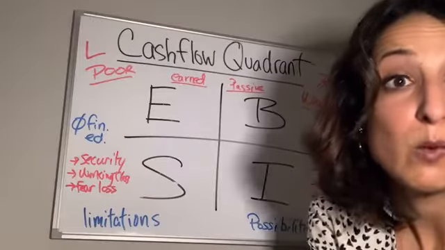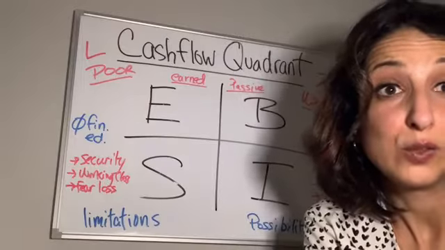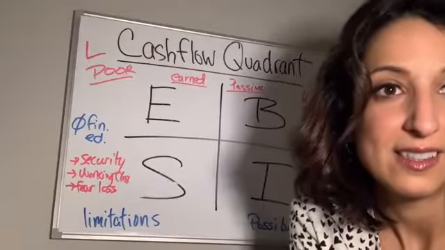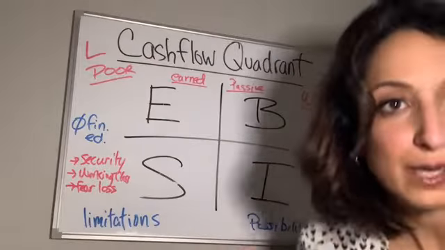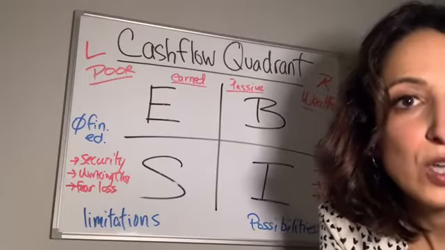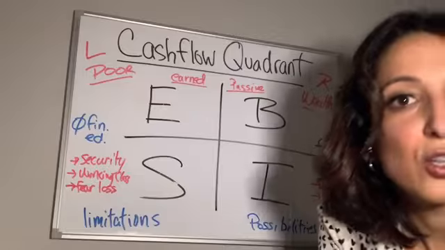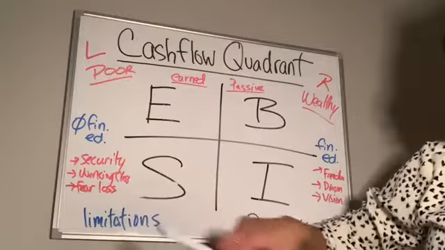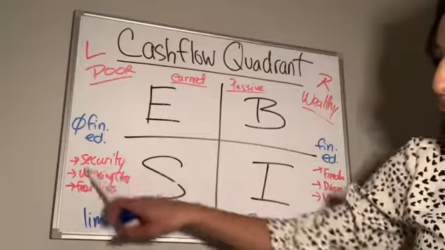The self-employed, they want control. They have a fear of losing their job, so they want control. They do that by creating their own business. They think, okay, I'm going to be my own system. That way I can control what goes on, and I call the shots. So it's a fear of losing your job, and it's security based.